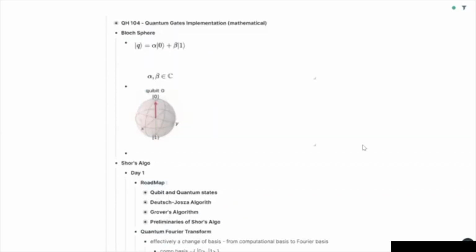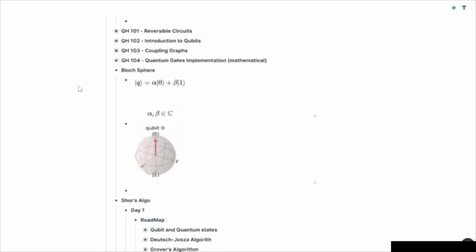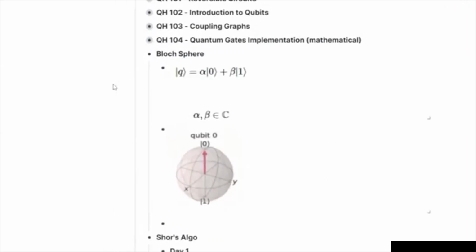Before that, if any qubit is represented in such a manner, you must be familiar with this. We say that the squares of alpha and beta, the amplitudes of these, give the probability that the qubit will collapse to state 0 or state 1. So any qubit can be represented as this.